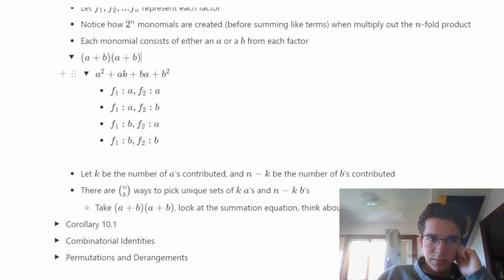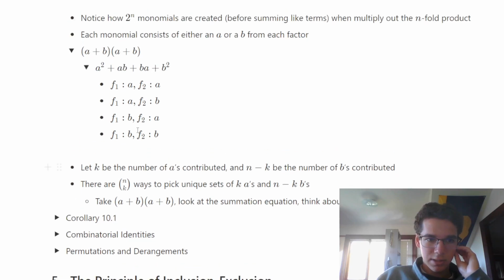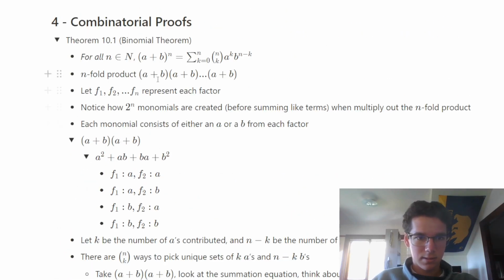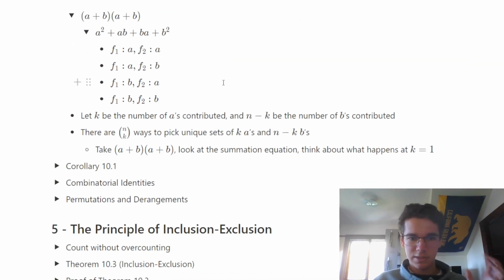For the second monomial, factor 1 contributed an a, and factor 2 contributed a b, and so on. This one is just the easiest to see. You could do (a + b)^3 to see a more fleshed out example.